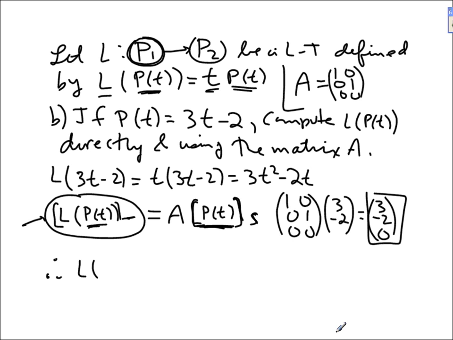Therefore, L of P of t must be 3 times the vectors in t.